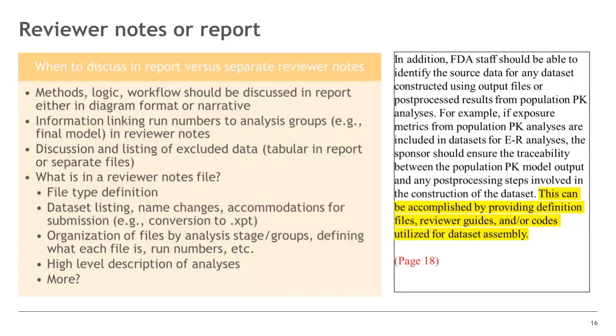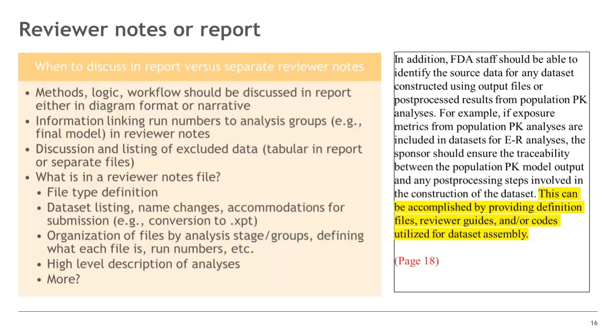Obviously, we typically put that as a table in the report, but it could actually be as a separate file. Or, as Neelima mentioned, if you have those things as flags in your analysis data set, which will be part of the new PopPK standard, ADaM standard for population PK, are they even needed in a tabular format anymore? If I've got a clear definitions file that tells you what those codes mean and they're flagged there, is that enough?